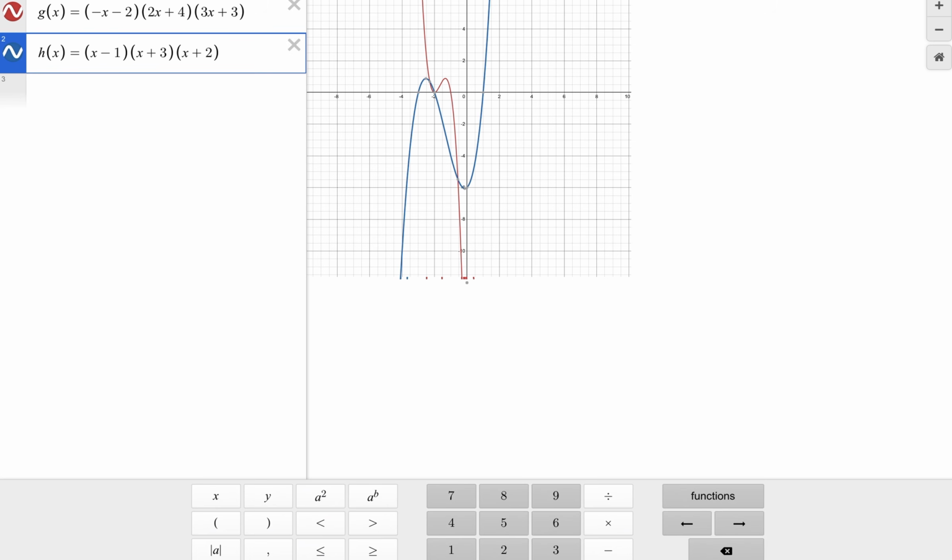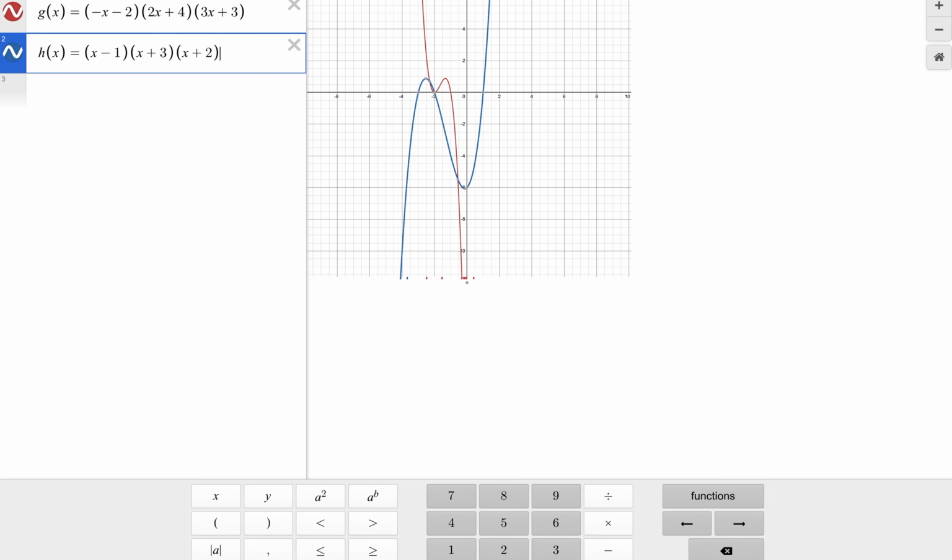I know the shape's a little different, but if you take a look at the end behavior, when x moves to -infinity, they're different, okay? Well, why is that? If you take a look at the first function in blue, you notice that in x minus 1, that coefficient in front of the x is a positive number. It's +1.